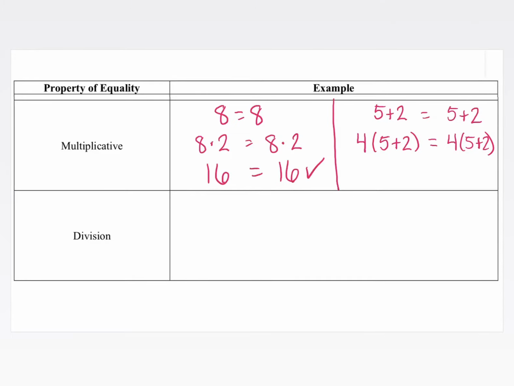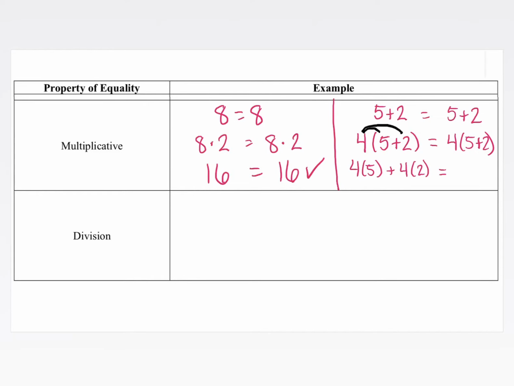Now on the left-hand side, let's say we want to solve this by using the distributive property. So 4 times 5 plus 4 times 2. On the right-hand side, we can solve using PEMDAS.